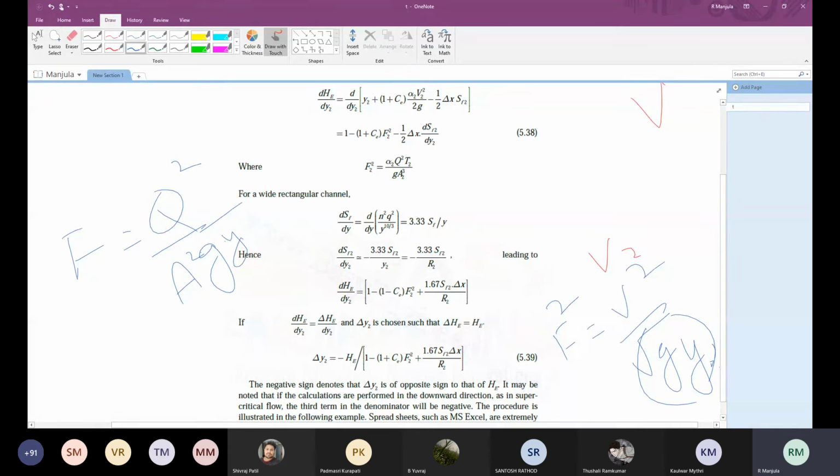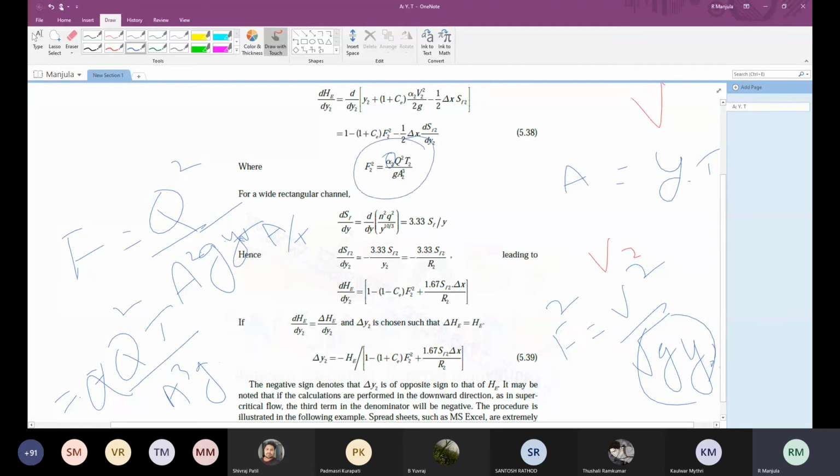Again, y I am going to replace by a by t, because a is equal to y into t, the cross sectional area: depth of the flow multiplied by top width. If I am replacing with this, then I will be getting q square t divided by a cube g, and one more parameter, because you are including your alpha, the kinetic energy correction factor. Is it clear?